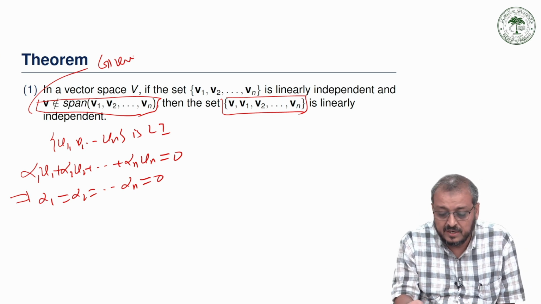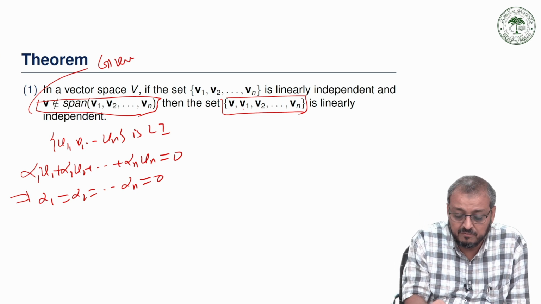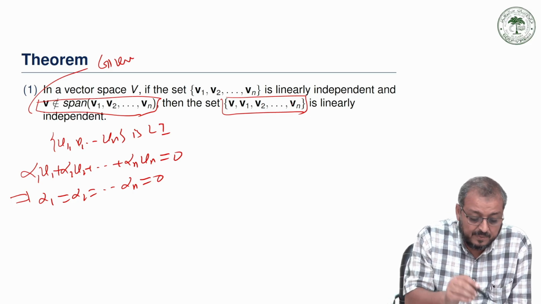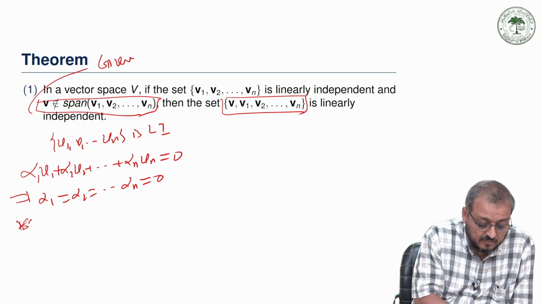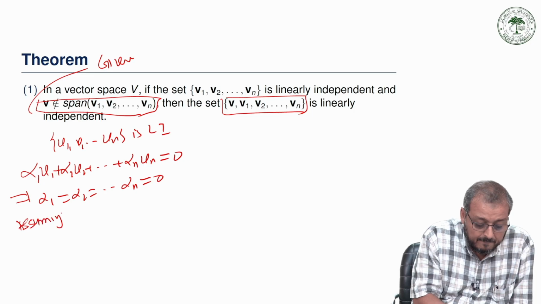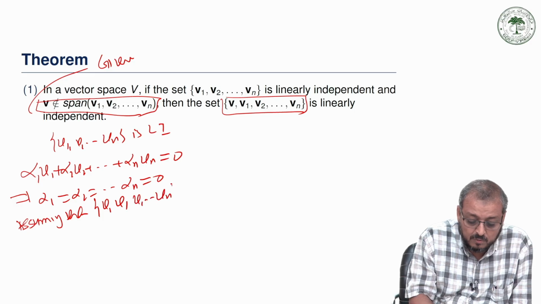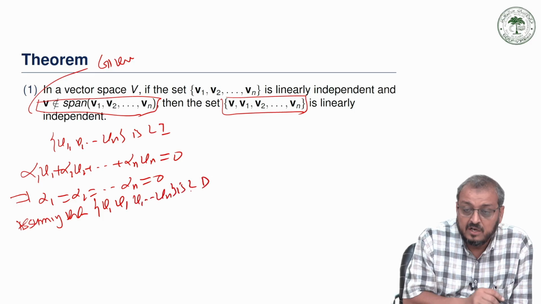So we assume that the set {V, V1, V2, ..., Vn} is linearly independent, and try to reach a contradiction.